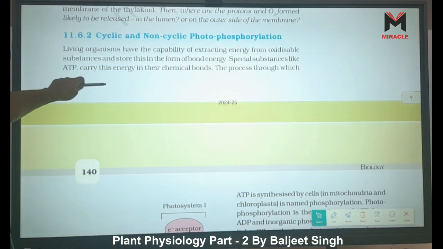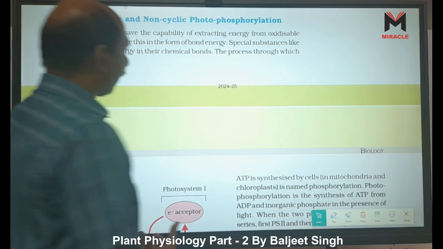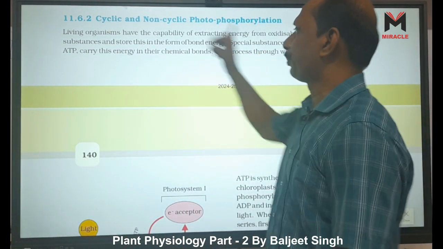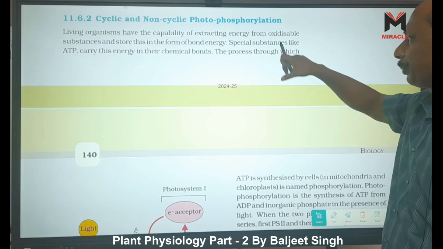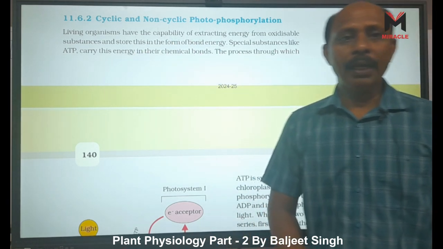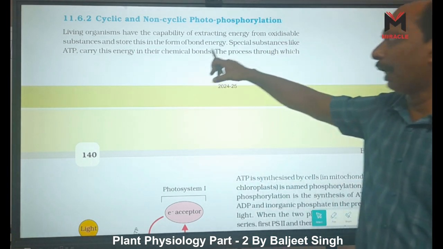Now cyclic and non-cyclic photophosphorylation, that is a light reaction which we can consider. Living organisms have the capability of extracting energy from oxidizable substances and storing this in the form of bond energy. Special substances like ATP, adenosine triphosphate, which is also considered the energy coin, carry this energy in the chemical bonds.